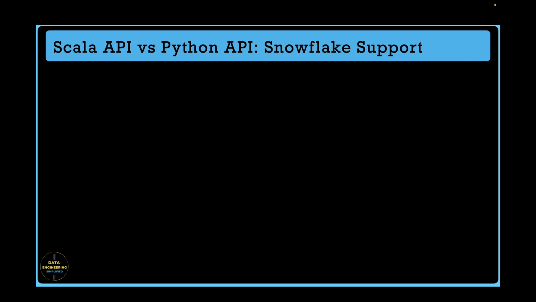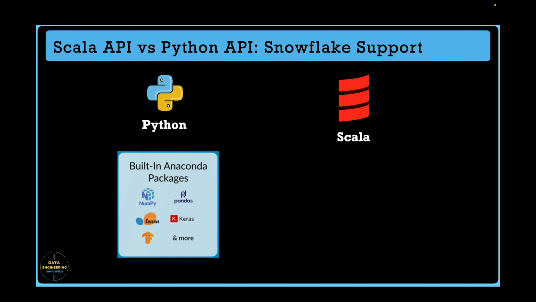The next attribute is how much support Snowflake provides for these two programming languages. When deploying your Snowpark code based on the Python API, you can leverage numerous standard libraries already available within your secure Python sandbox. Snowflake has collaborated with Anaconda to offer a growing array of utilities and libraries, ensuring that Python developers face no obstacle in building a data platform within Snowflake.